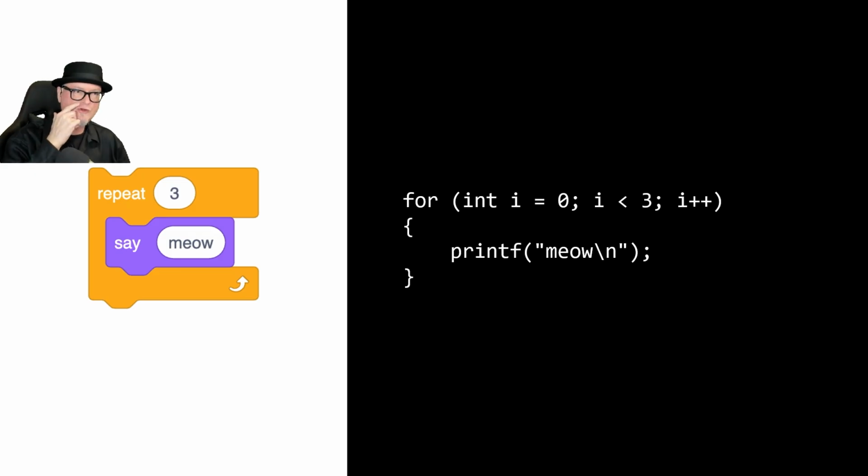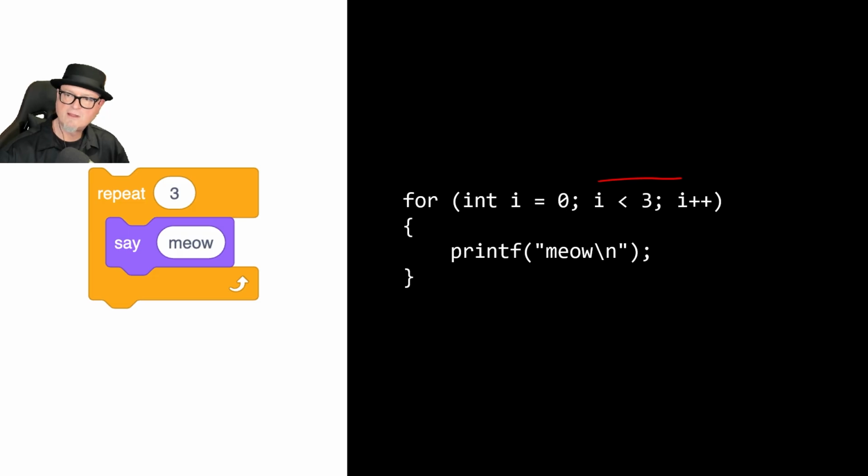Okay, so we also had for loops. This is what it looked like in C. So for int I equals 0, we initialize that on the fly. In an implicit while I is less than 3, so a condition.